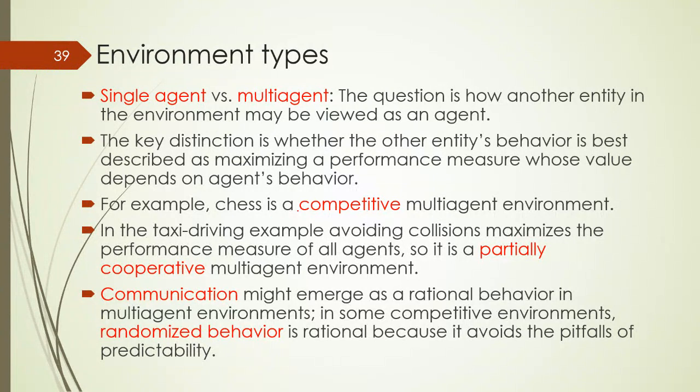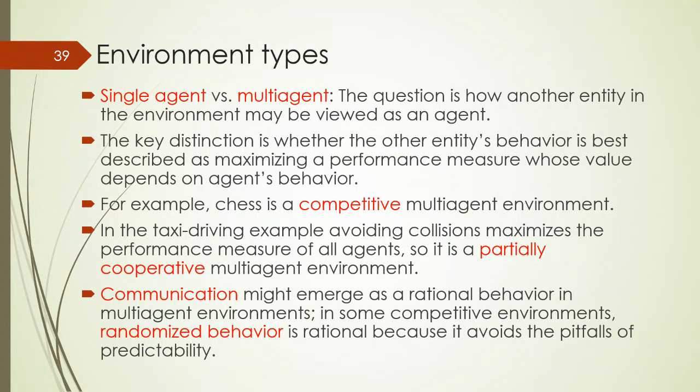For example, in chess, the opponent is not environment, it's an agent. Because if I win, he or she will lose, or it will lose if it's a computer. And vice versa. If they win, that means I lost, okay? So it would be an agent. In the taxi-driver example, avoiding collision maximizes the performance measure of the agent.